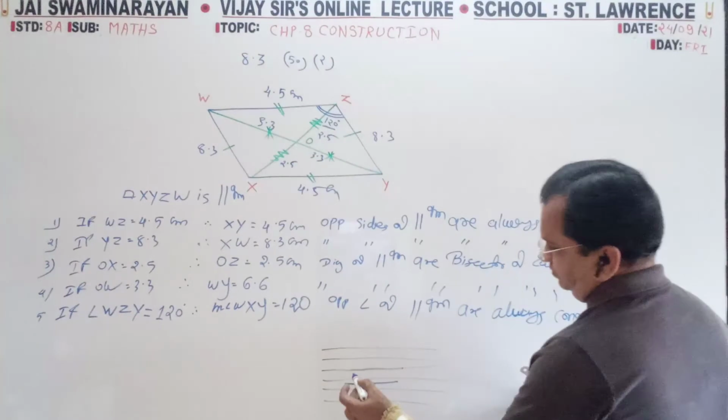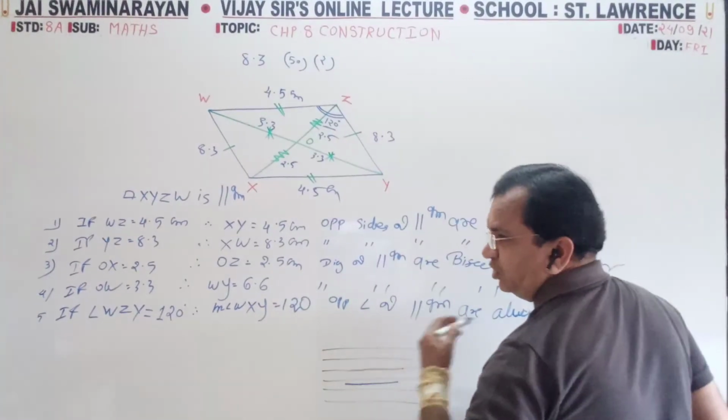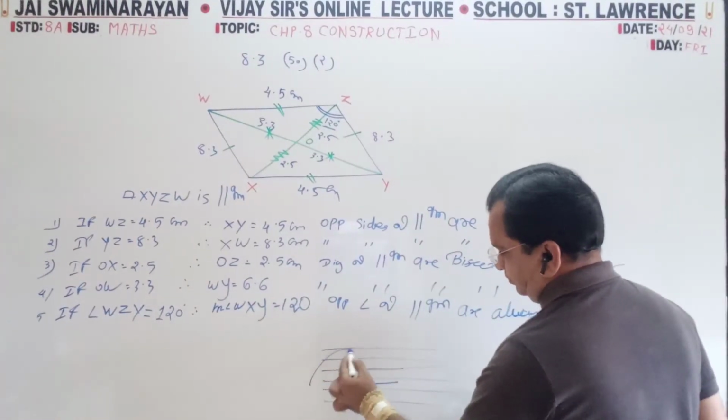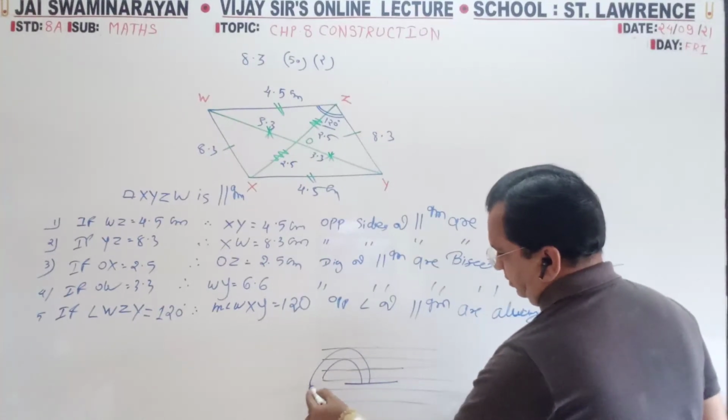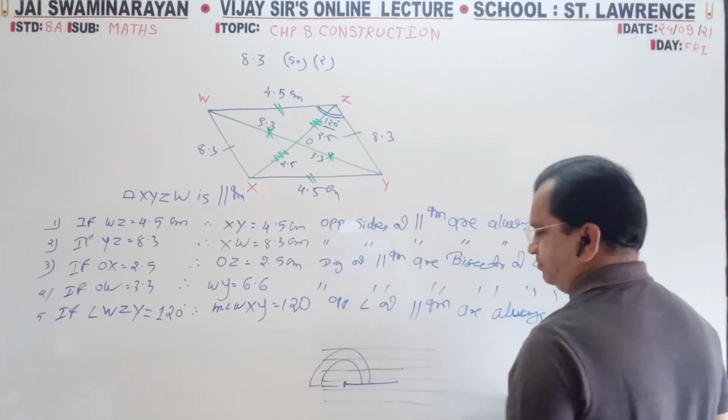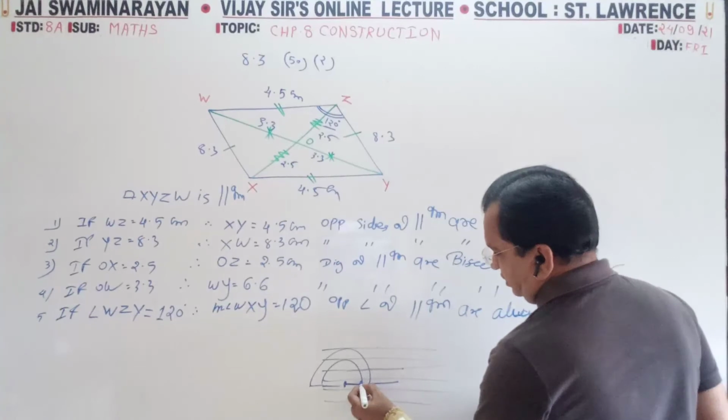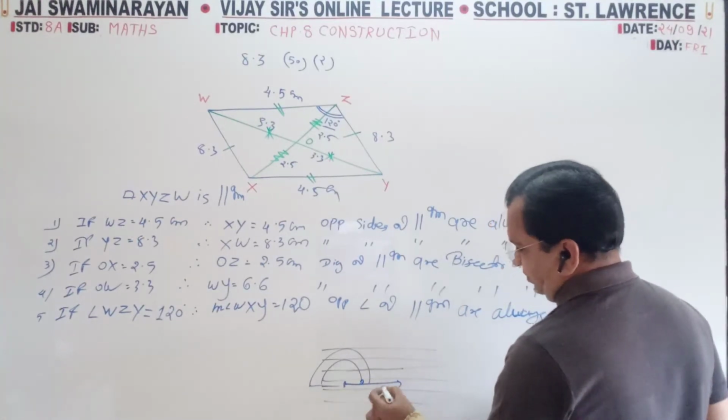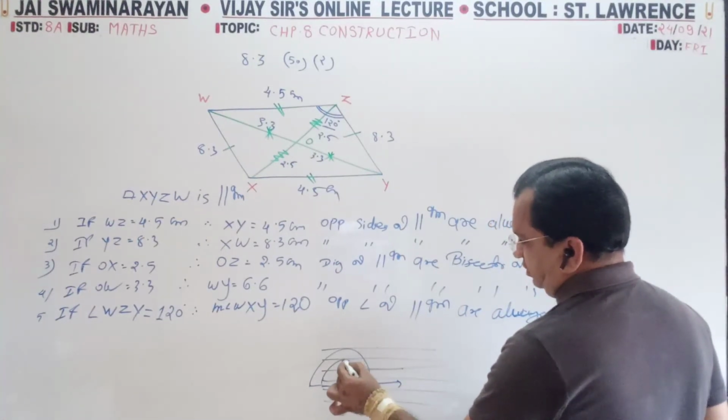When we have to draw the left side angle, put your protractor here, and if 0 is on this side and it rises this side, from 0 you have to read 10, 20, 30, 40.